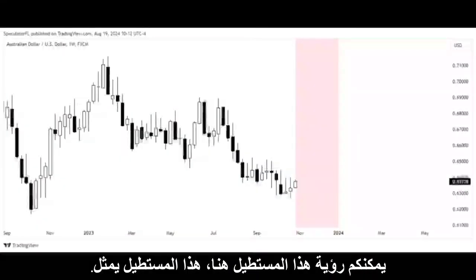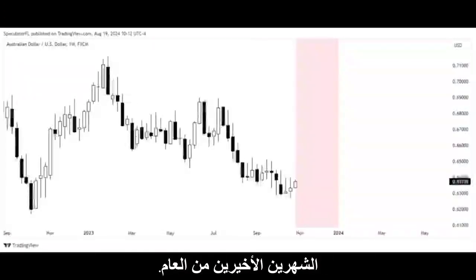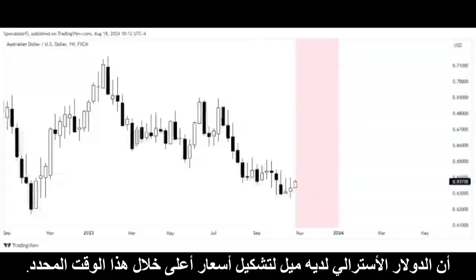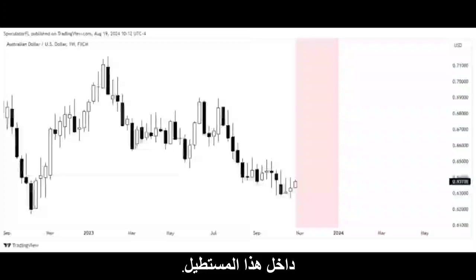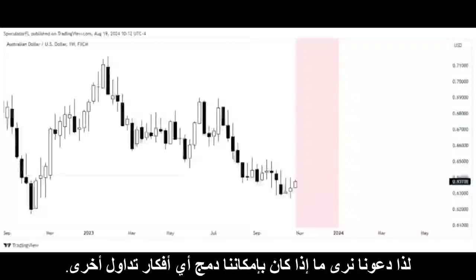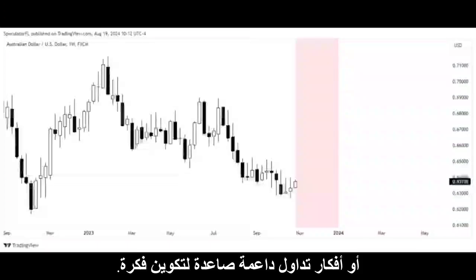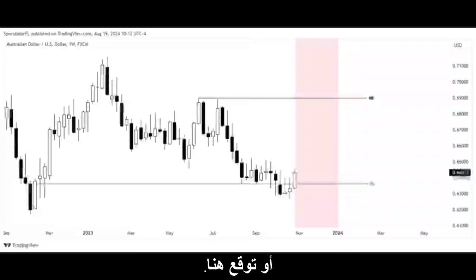You can see this rectangle right here. This rectangle represents the last 2 months of the year, from November to the end of December. And we learned that the Aussie dollar has a tendency to form higher prices during this particular time inside this rectangle. So let's see if we can combine any other trading ideas and concepts or bullish supporting trade ideas to form an idea or prediction here.